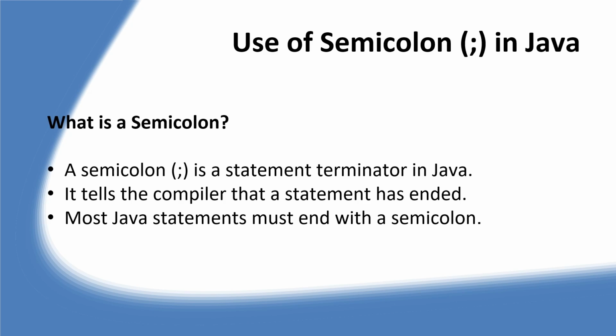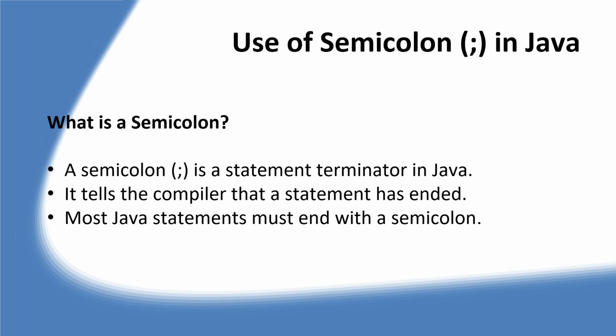So, what is semicolon? A semicolon is a statement terminator in Java. It is one of the most commonly used symbols in Java. It marks the end of a statement and helps the compiler understand where one instruction finishes and the next begins.